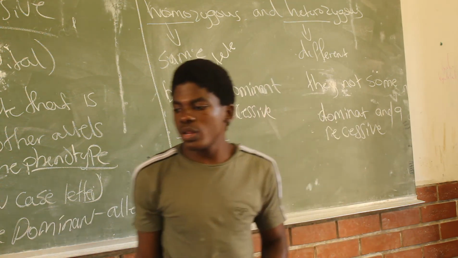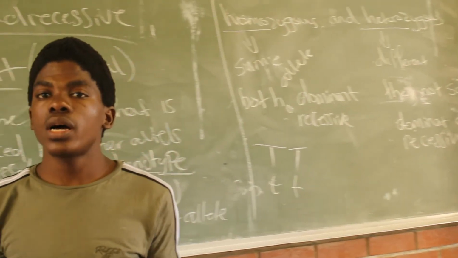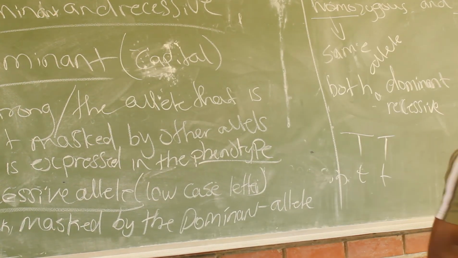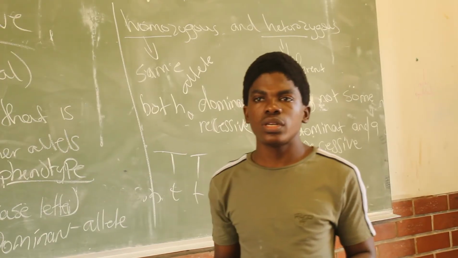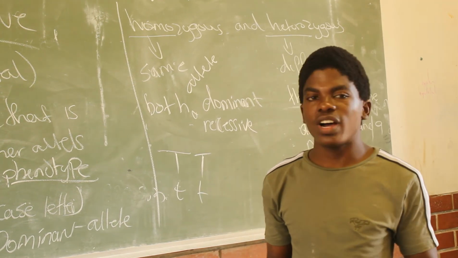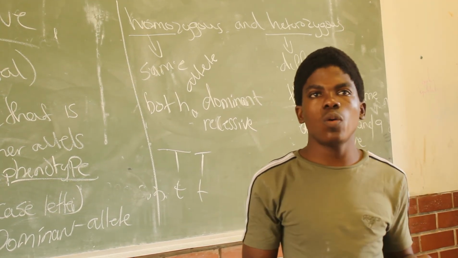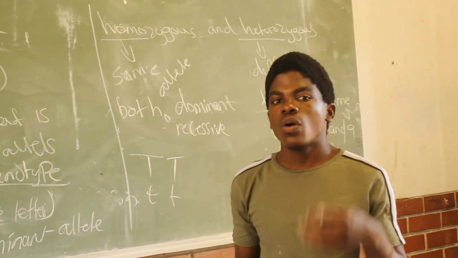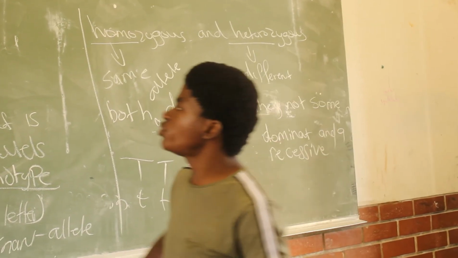Another thing that will be quite useful when we are doing our process. When we are given a statement and told that the color black is dominant over the color white, or the color blue is dominant over the color orange, what do we do?